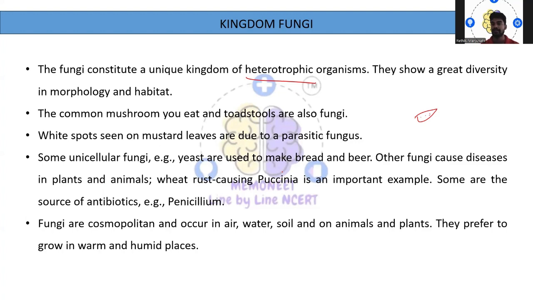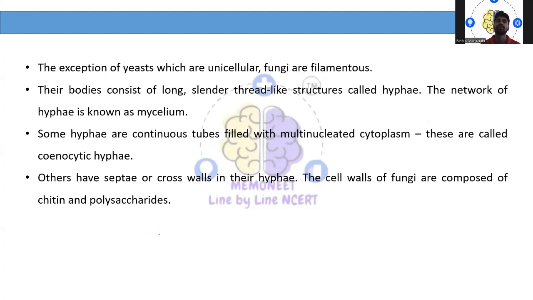Some fungi can also be used for antibiotics; Penicillium is a fungus, and from Penicillium we make an antibiotic. They are distributed everywhere: air, water, soil, on animals and plants. The major thing is that they prefer a warm and humid climate, and they normally prefer to grow in that condition.